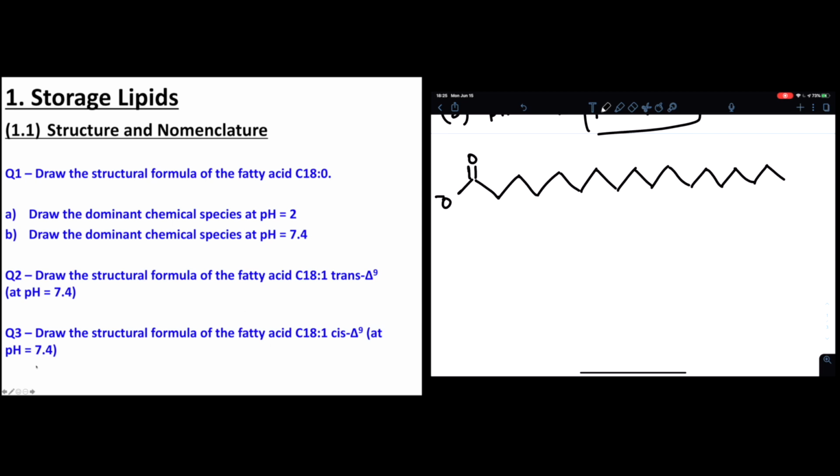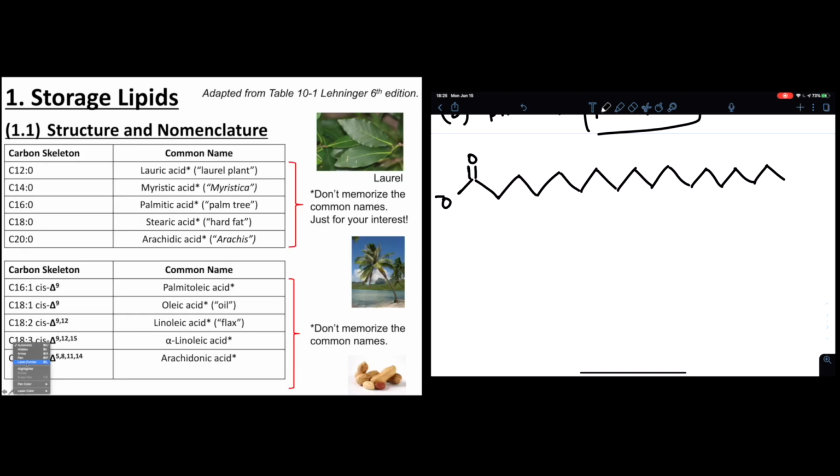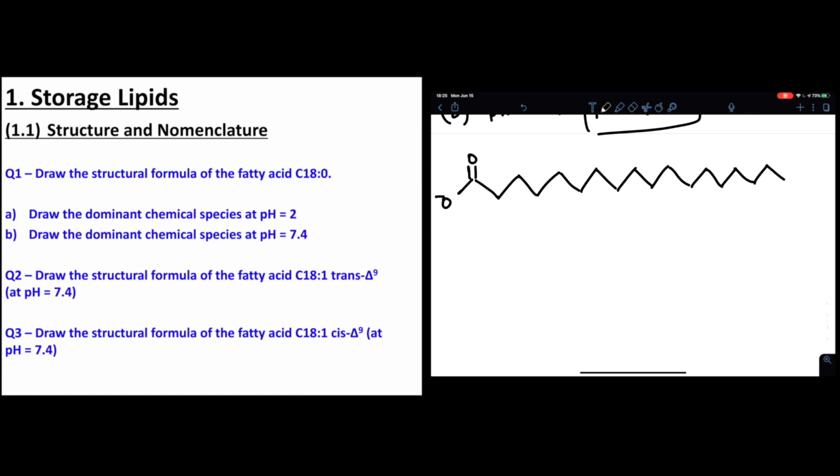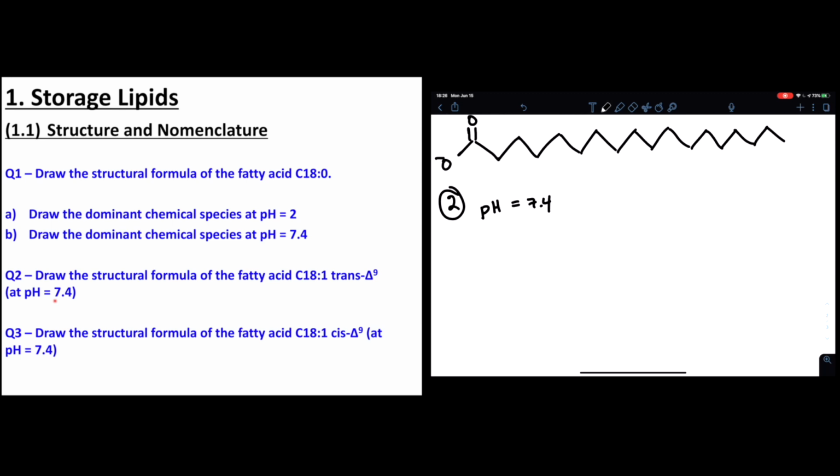Okay, question 2. It's saying to draw the structural formula of the fatty acid C18:1 trans delta 9 at pH 7.4. So let's draw the structure out. Remember, we're at pH 7.4, so we're greater than the pKa.